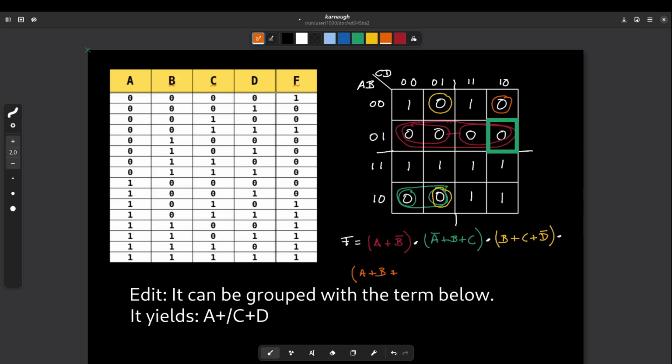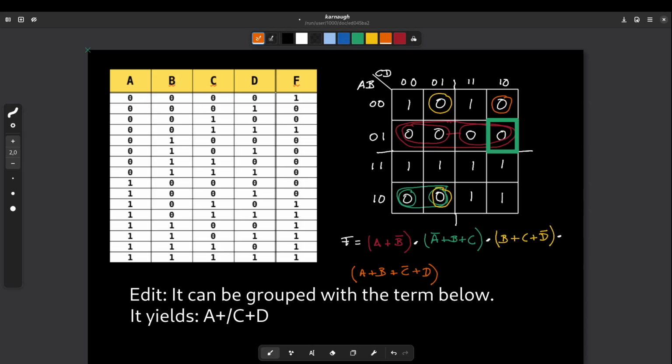Or C negated. Remember that we are writing this as a product of sums, so I have to write the ones as negated, C negated, or D.